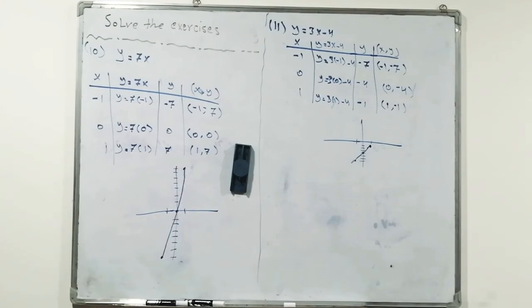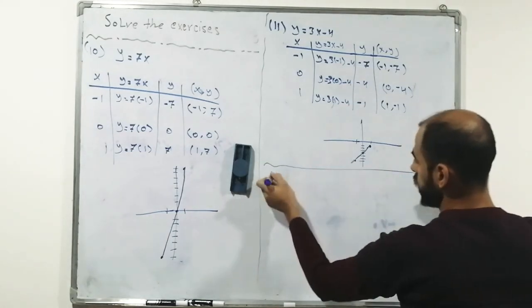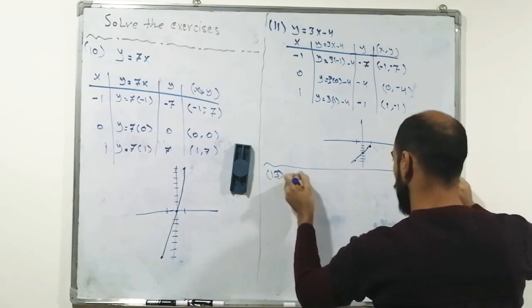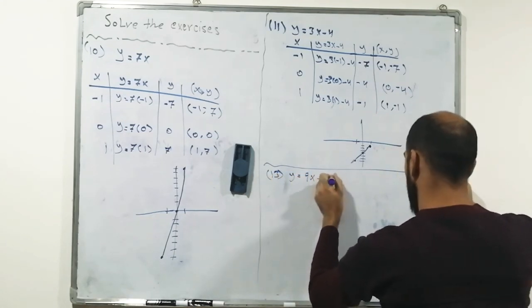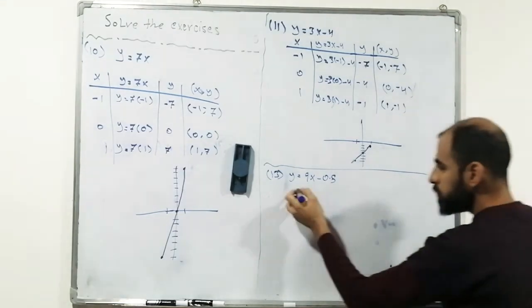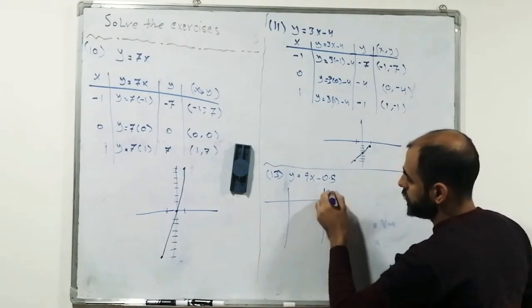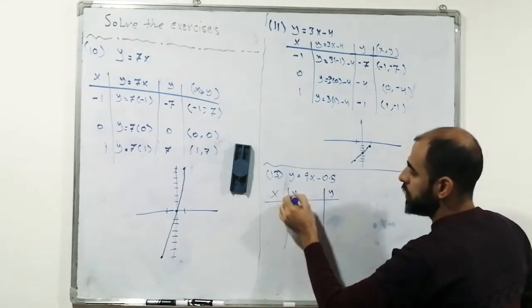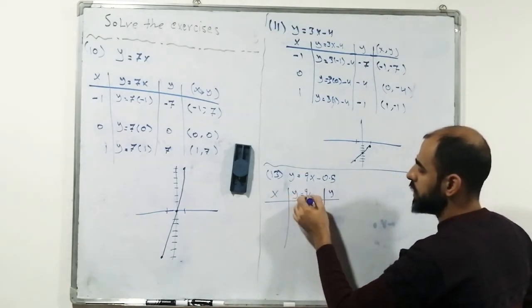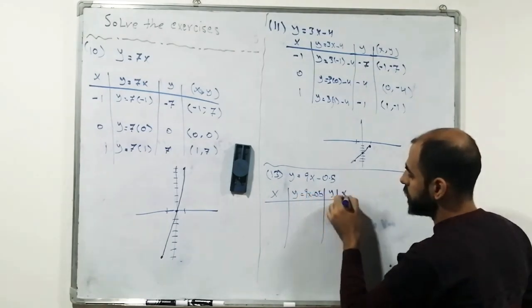We have to choose 3 different values of x and substitute them. I will take question number 13: y equals 9x minus 0.5. We have to make a function table: x, the function rule y equals 9x minus 0.5, and y, and the ordered pair x, y.